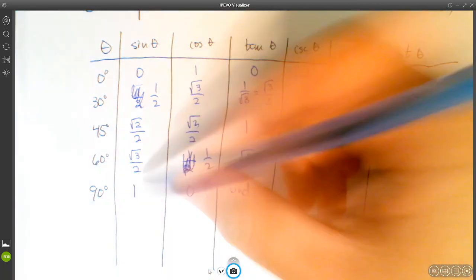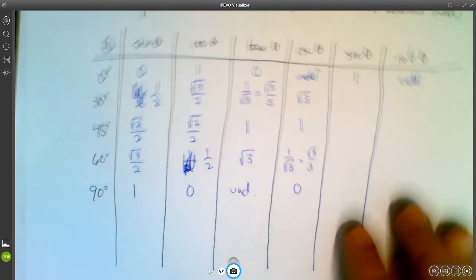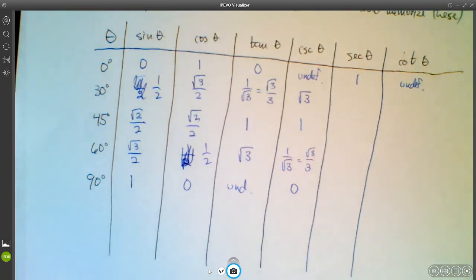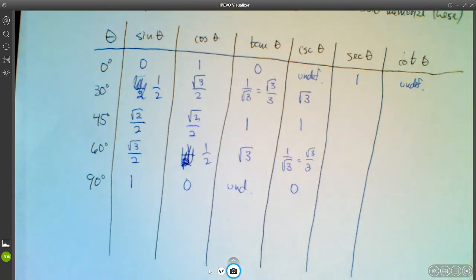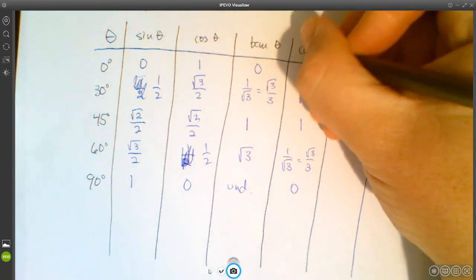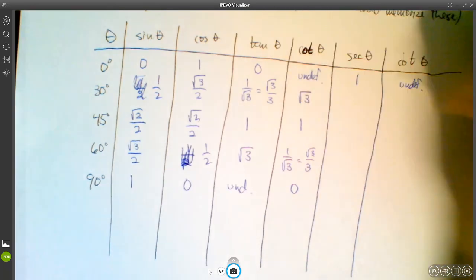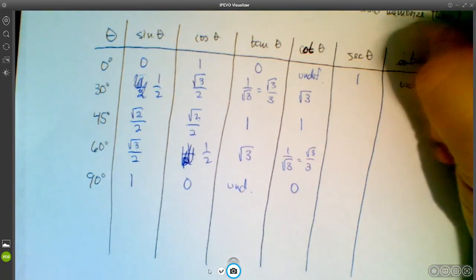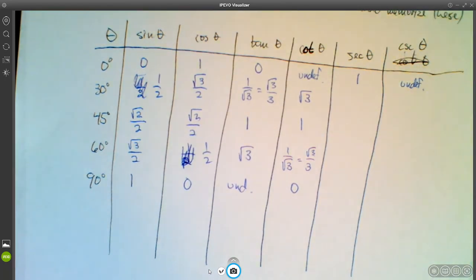And then finally, 0 divided by 1 is just 0. Oh, shoot. No, I just did cotangent, didn't I? So I'm going to change this to cotangent, and then I'll make this one cosecant over here. Got ahead of myself. I apologize. These are the values for cotangent.